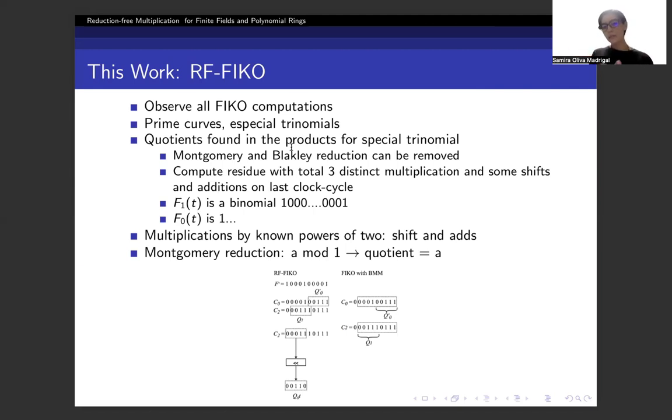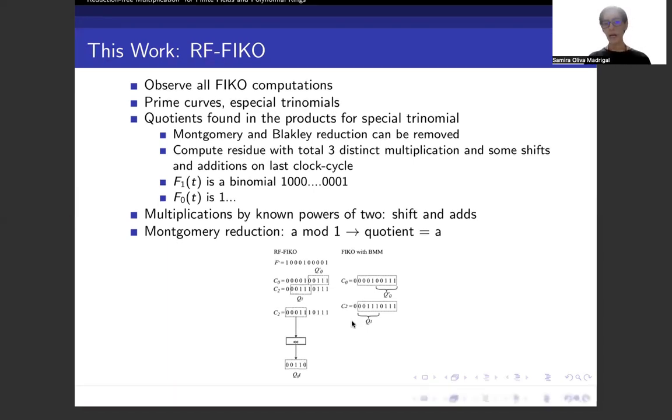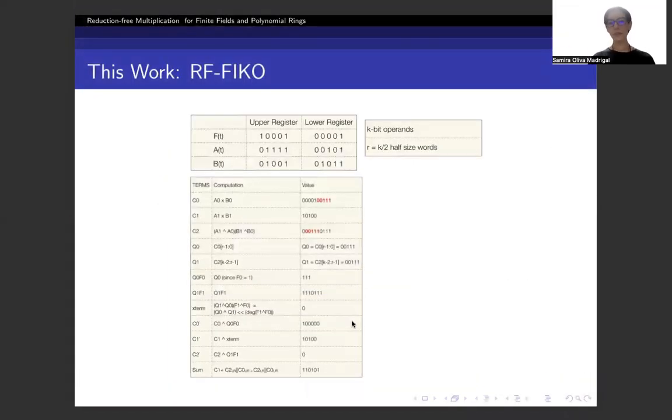For Barrett, it may not be quite obvious, but if we compute and observe the terms, we can see that the quotients are actually in the Karatsuba terms. For Montgomery, it's not so hard to see. For the Barrett quotient it requires a little more observation, but we can clearly see that we have the quotients there. And this is a fully worked example of how we get those quotients.